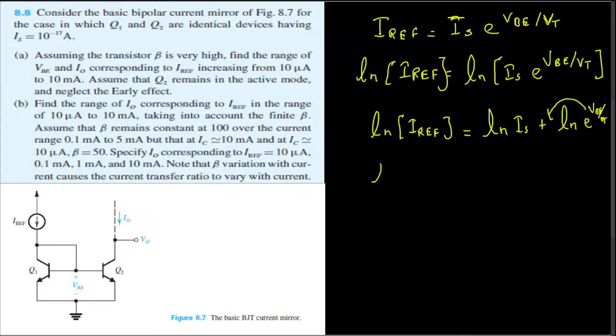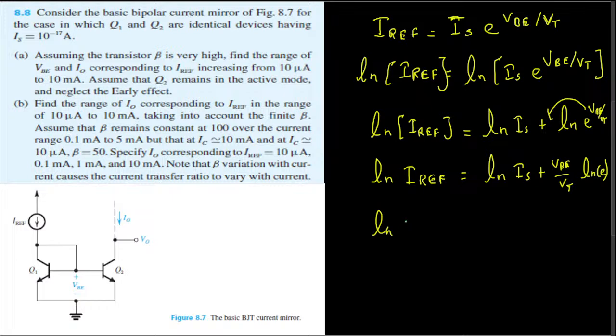So ln I reference equals ln IS plus VBE over VT times ln e. Whenever you see ln and e, they cancel each other, and ln e is 1. Since we are interested in VBE, we can move this to the other side.